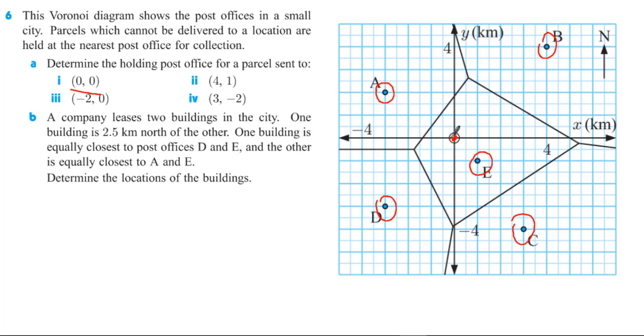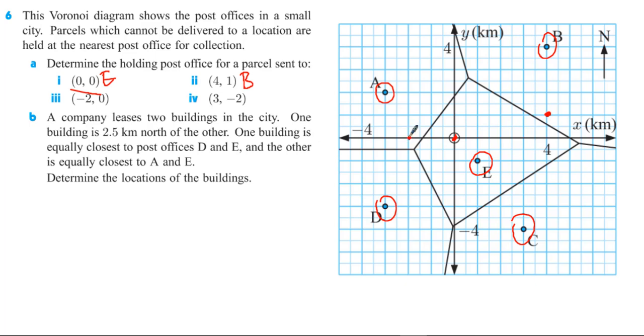So if you are here, you are close to E. If you're at (4, 1), let's find it: 4 units on x and 1 unit on y, it's here. So you are in the region of B, so you are closest to the post office of B. And (-2, 0) will be here.